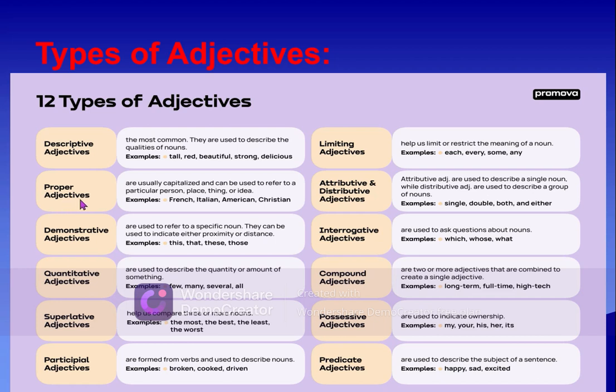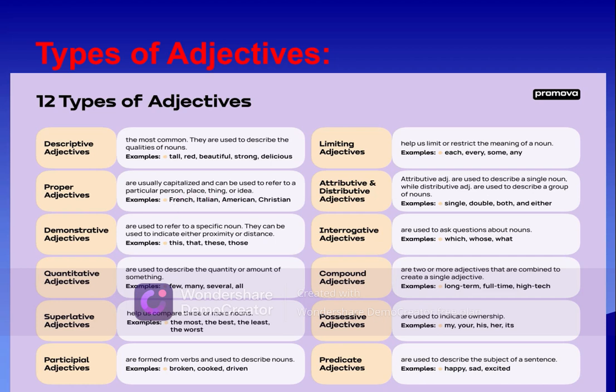Next is the proper adjective. If you remember the very second slide of this video lecture series, we discussed proper nouns. Adjectives which are formed from proper nouns are said to be proper adjectives. These are usually capitalized and can be used to refer to a particular person, place, thing or idea.